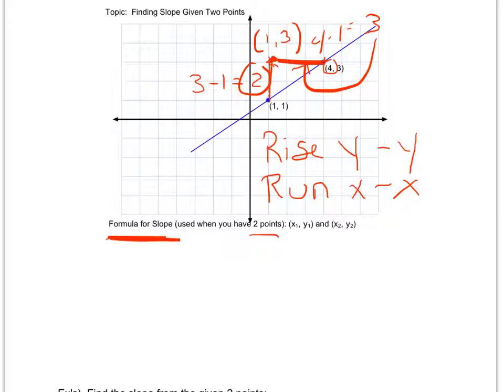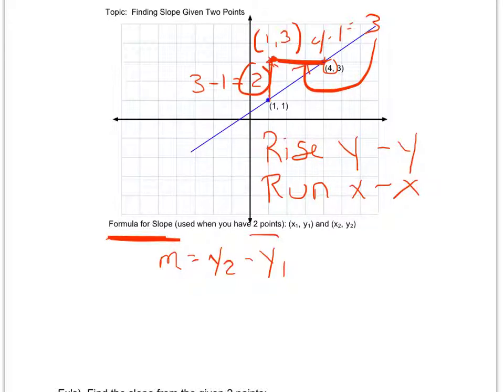Okay, so to find my slope, remember slope is m, I take y2 minus y1, just like I did up here. To find my rise, I took my second y value, my 3, and I subtracted from it my first y value, my 1.